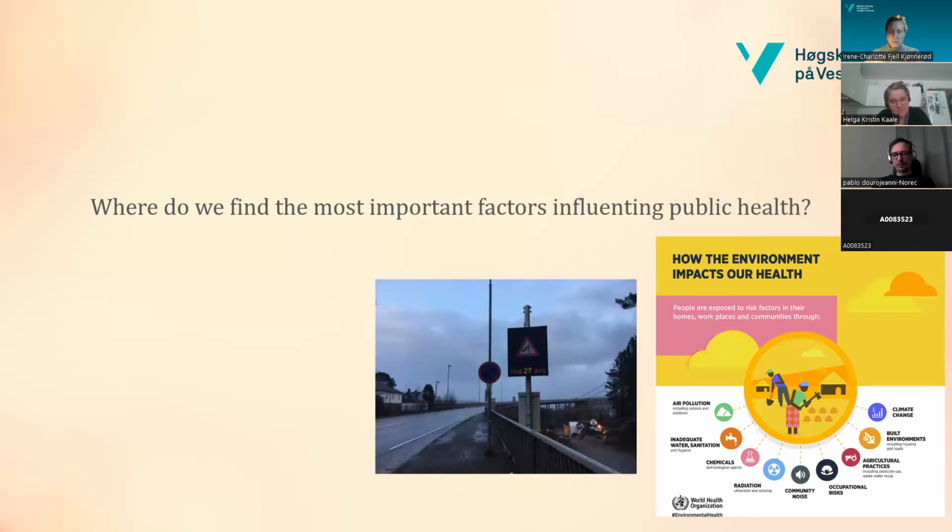So if that bridge is closed and there's an emergency on the west side where they have no other option and the helicopters can't take off or land, the emergency is real. And this is just 15 or 20 kilometers from where I live, on the mainland in Bergen. And when I show this picture to the students, they are like, oh, okay. So strong winds may be influencing public health.